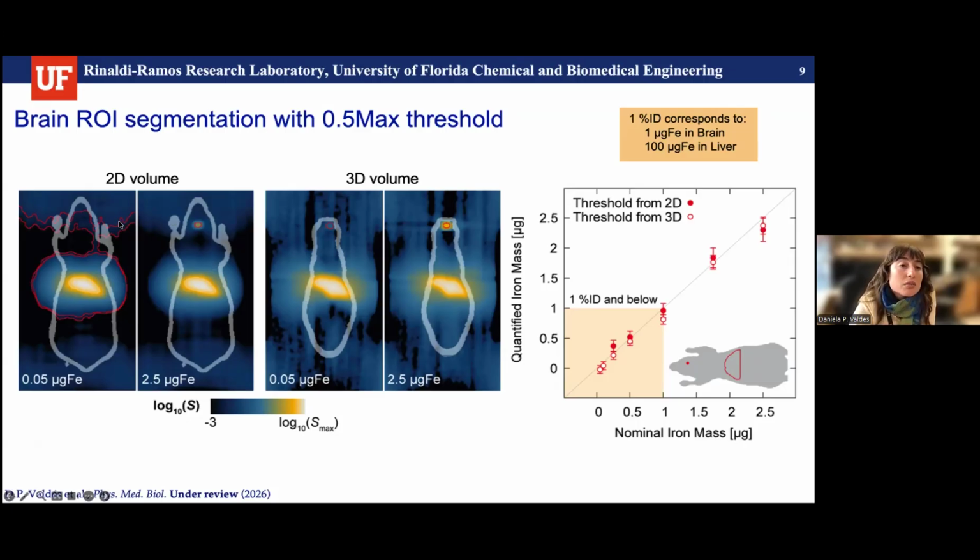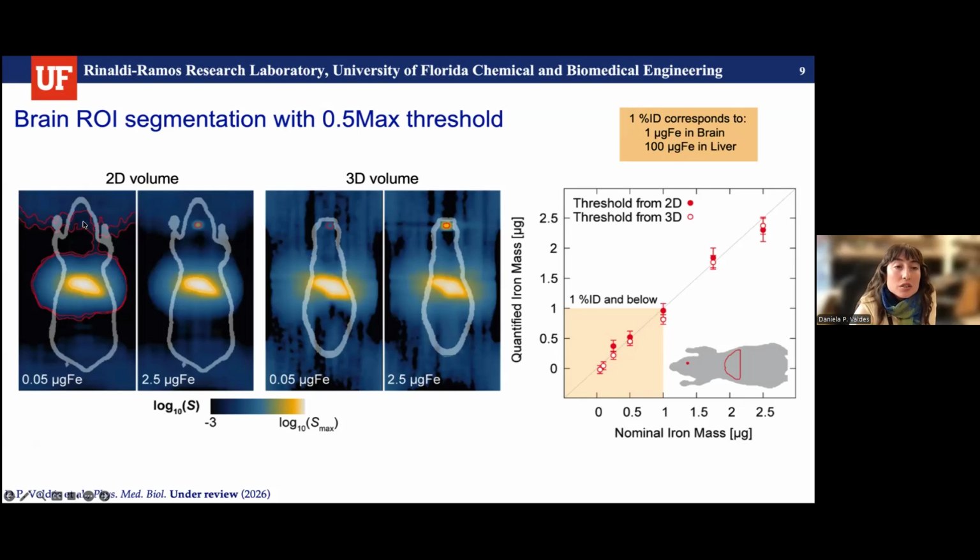But as we go down, we start encountering this problem where we can actually find the maximum, but when we select the voxels that contain 50% of that maximum, we have something that's connected to a halo around the liver. This means signal is decaying from the liver, since this has this symmetry.